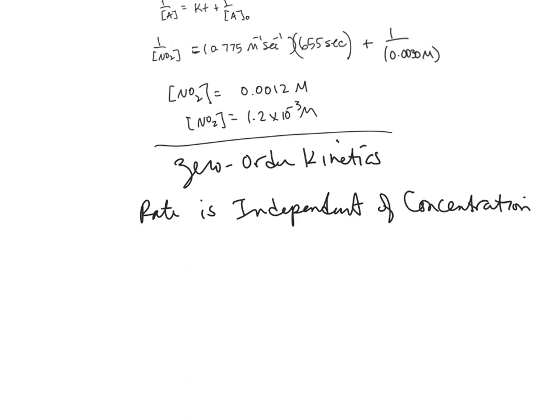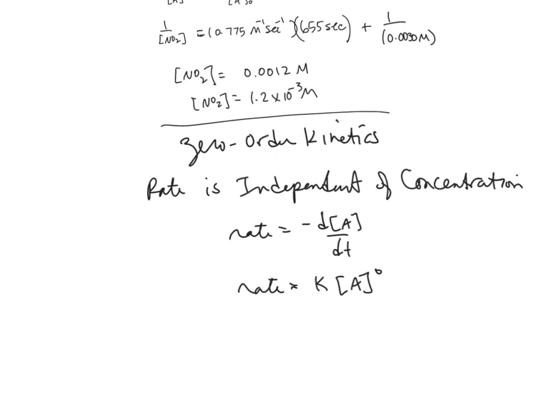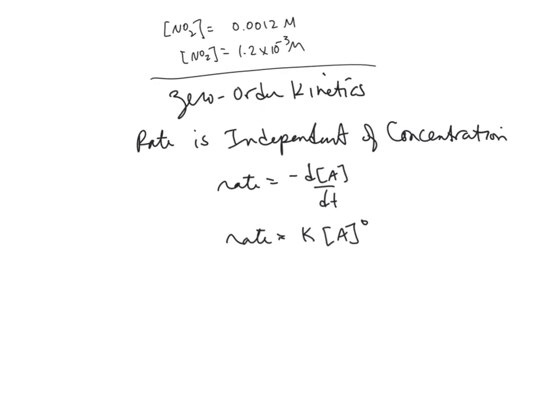So you can change your initial concentrations, the rate of the reaction stays the same. We have our two expressions here, rate equals negative dA dt, and in this special case rate is K times the concentration to the 0 power. A to the 0 is going to be equal to 1, so this will be equal to K.